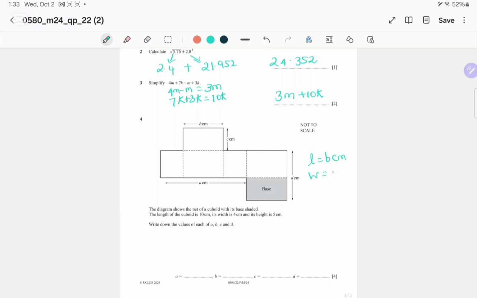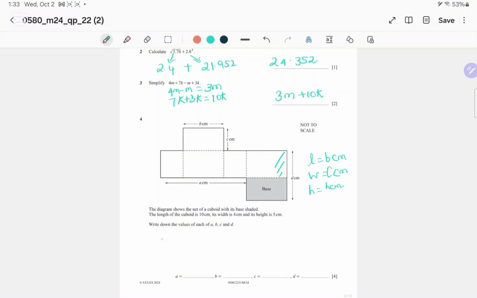Width is equal to C centimeters. Then we will calculate the height. Height is the remaining part, this part alone will come for height. It is h centimeter.